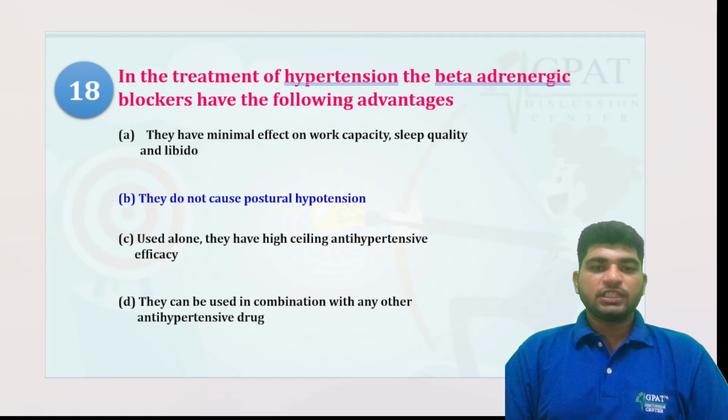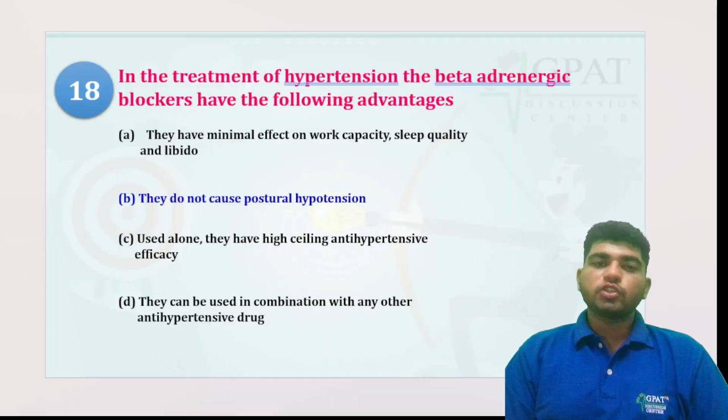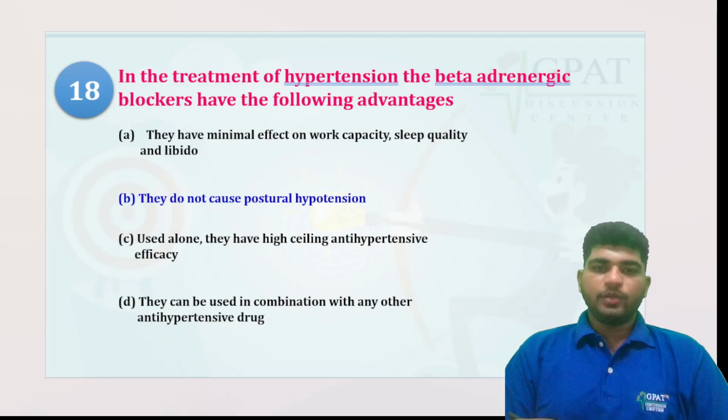That is postural hypotension. All of a sudden your BP drops. Whenever you stand up from your bed or a chair, your BP drops suddenly. So an advantage of beta blockers is that they generally do not cause postural hypotension.